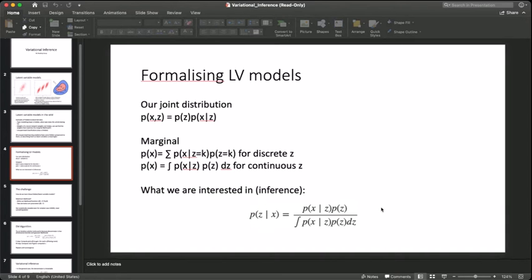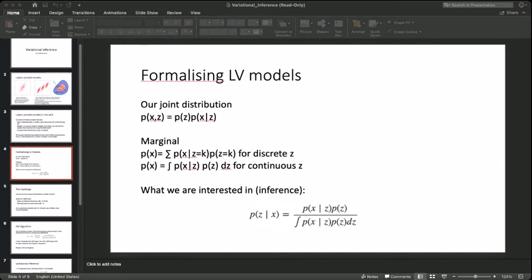Do you want to talk out loud? Where are you starting from? With the numerator. The numerator is equivalent to our joint distribution, p of x and z. That's right.